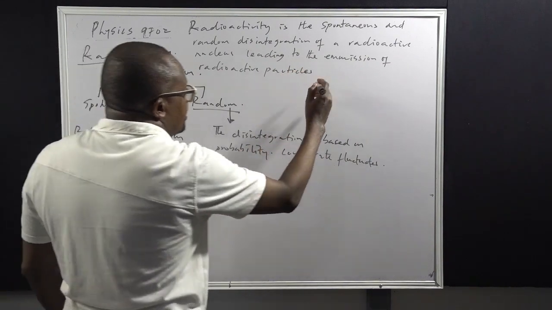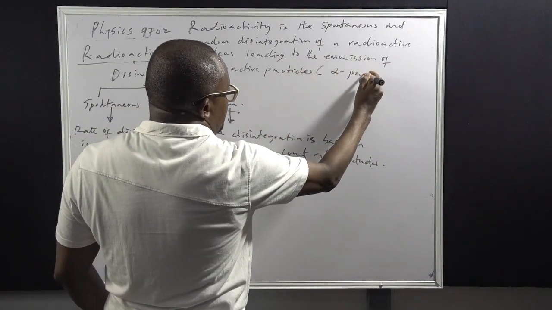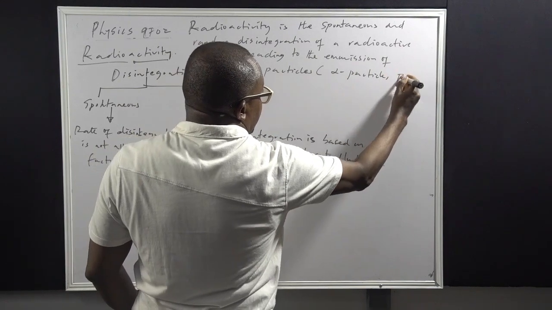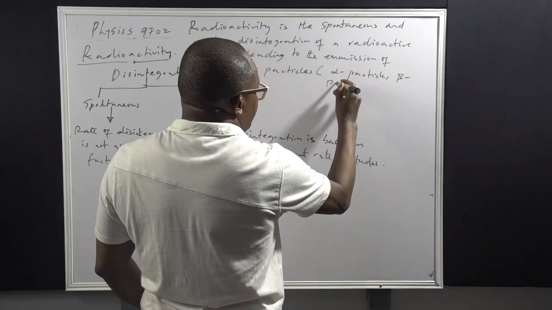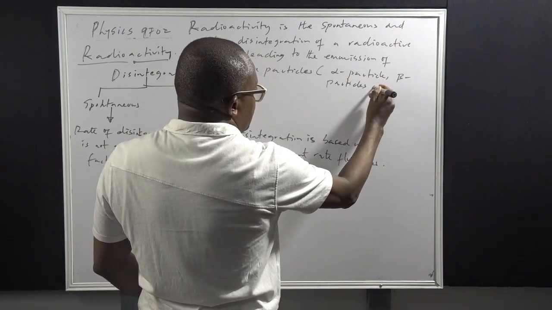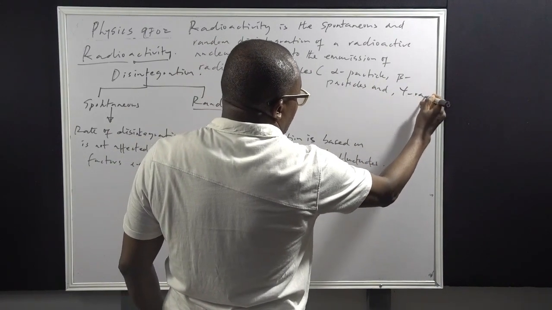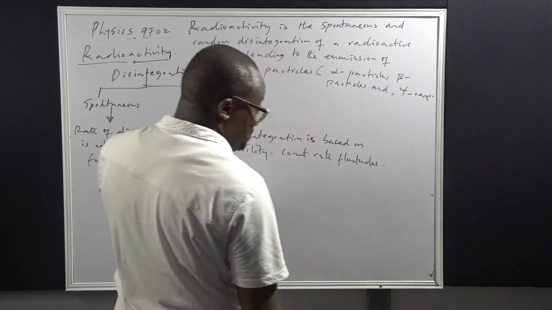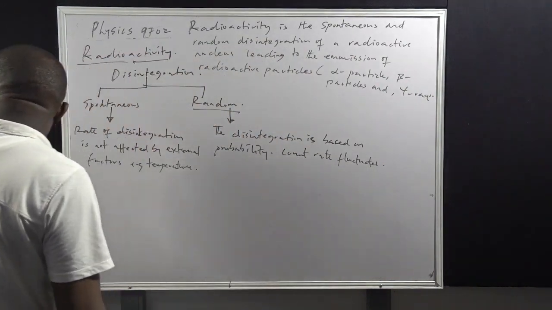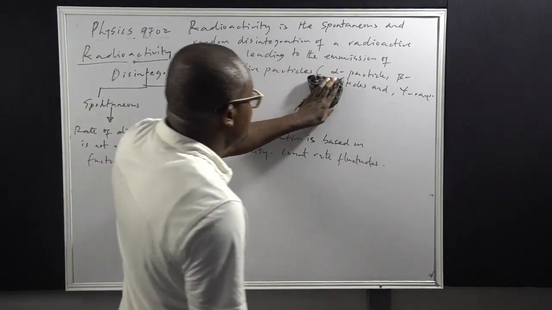What are these radioactive particles? Alpha particles, beta particles, and gamma rays.